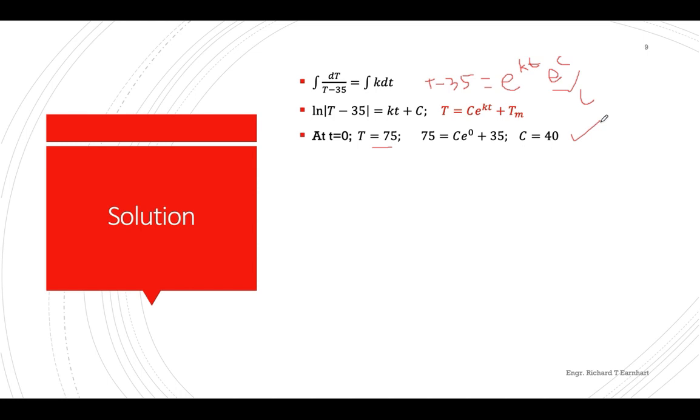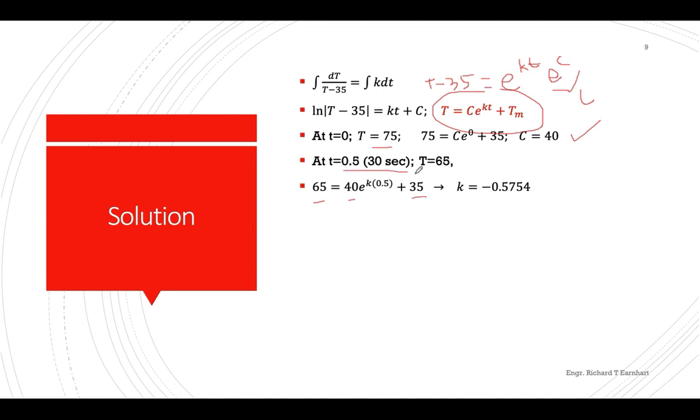So you will observe that the arbitrary constant is always obtained from the initial condition for first order, and then after 30 seconds the temperature becomes 65, equivalent to 0.5 minute. So substitute here in this equation, the temperature is 65, your C is 40, so e to the k 0.5, that's the time, and then the temperature of the medium.